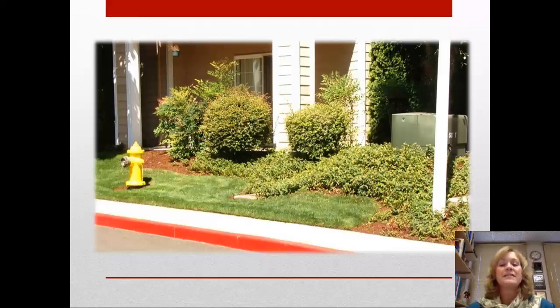This is a really good example of a picture of a landscape that has evolved over time. One of the things that you can see is the plant material in the beds is quite mature. It's quite large. There's a small area of turf there that has a utility box and a fire hydrant in it, which makes it a little bit difficult to mow around.